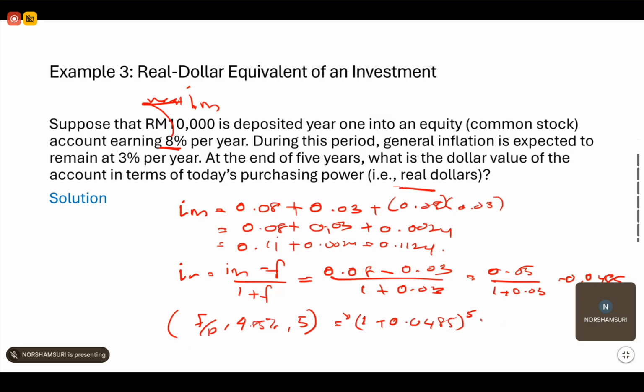You can also put 10,000 here, then you get the value.